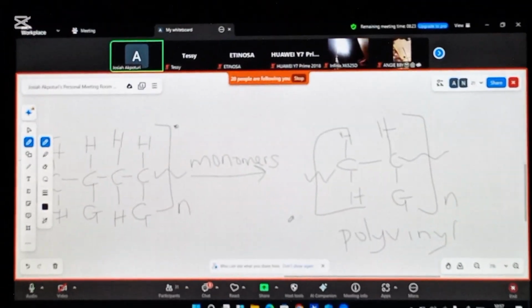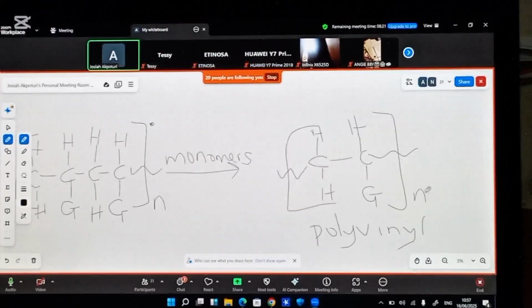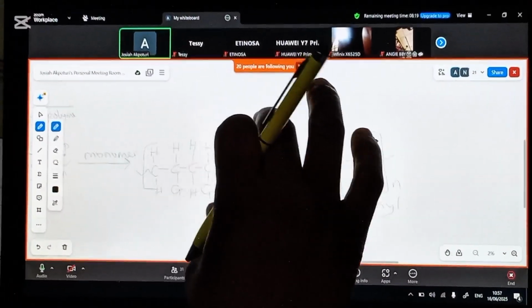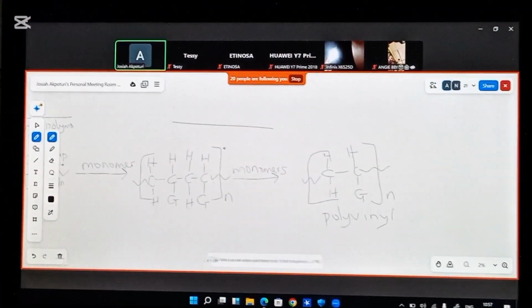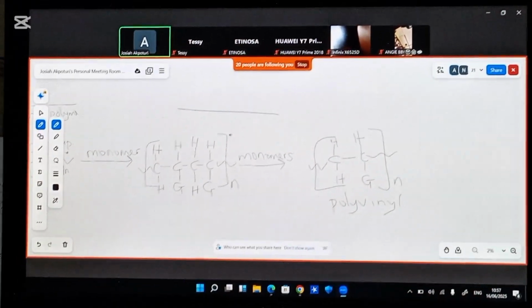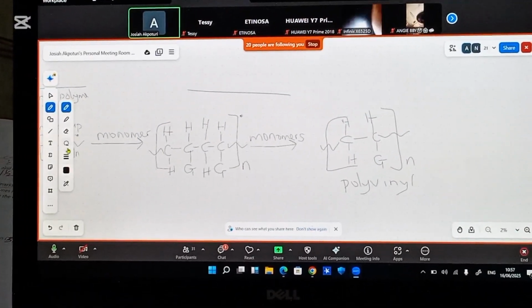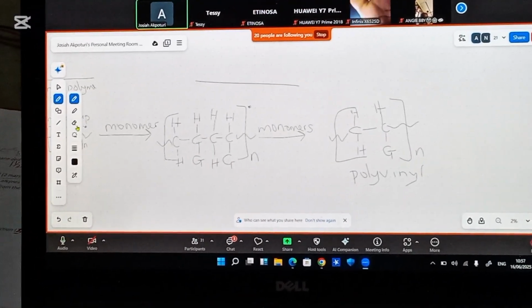Meanwhile, we said the polymer for polyvinyl chloride. The person said we should take the note again. So please listen attentively. We are taking that note again, and we are using this reaction to explain the note.